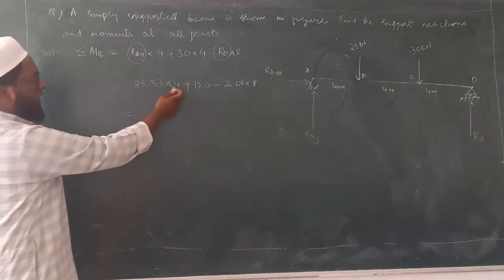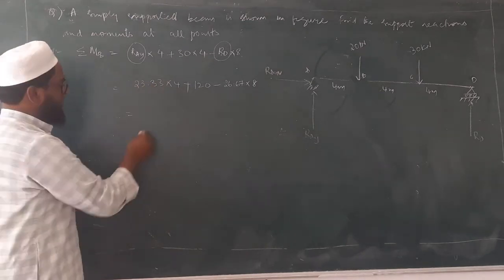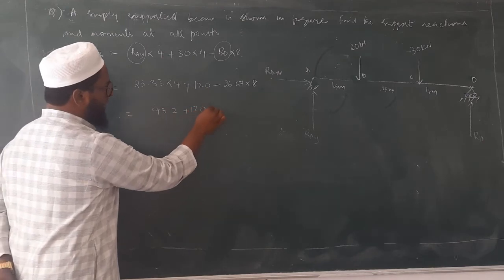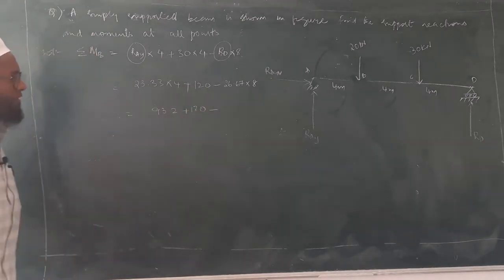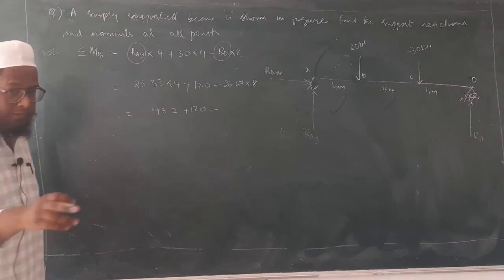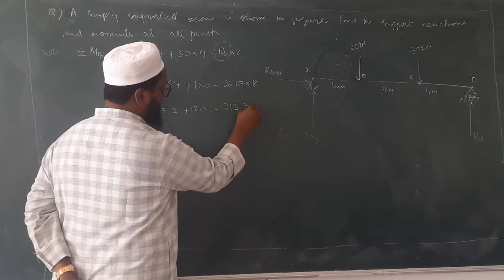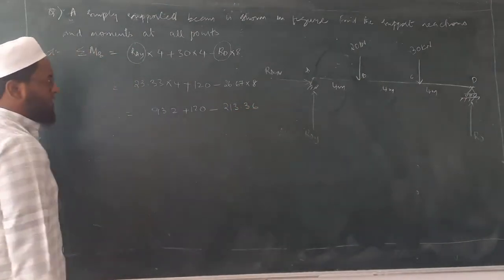What is 4 into 23.33? 93.2 plus 120 minus 26.67 into 8. 213.36. Yes. Now add all these terms.